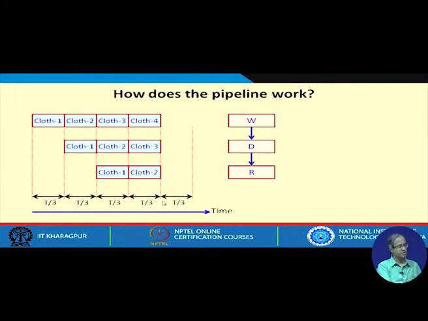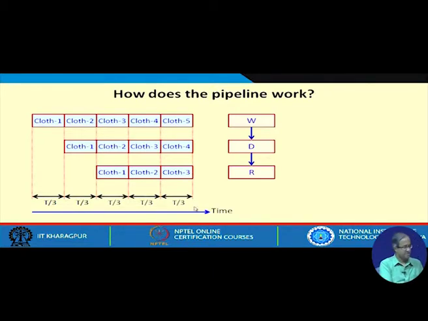So, cloth 2 will be ready, taken out. Next time cloth 3 will be taken out. So, now you see after this initial 2 periods of time that is required for this pipeline to be filled up, after that, after every time slot I am getting one output. That means one cloth is finishing and I can take them out.